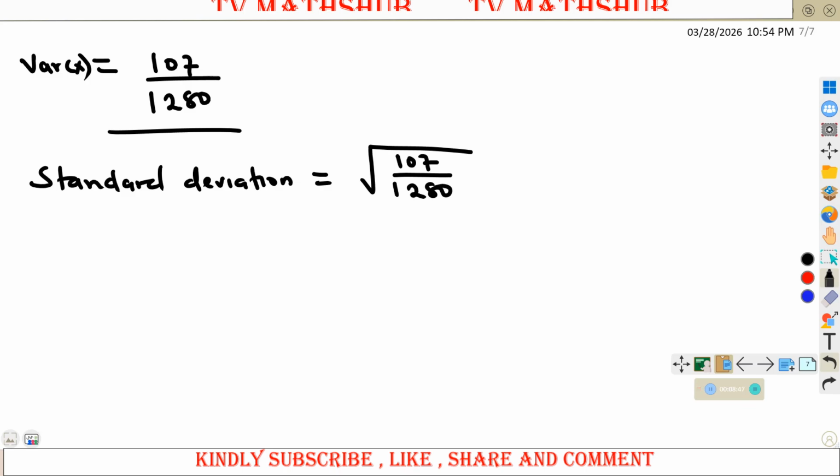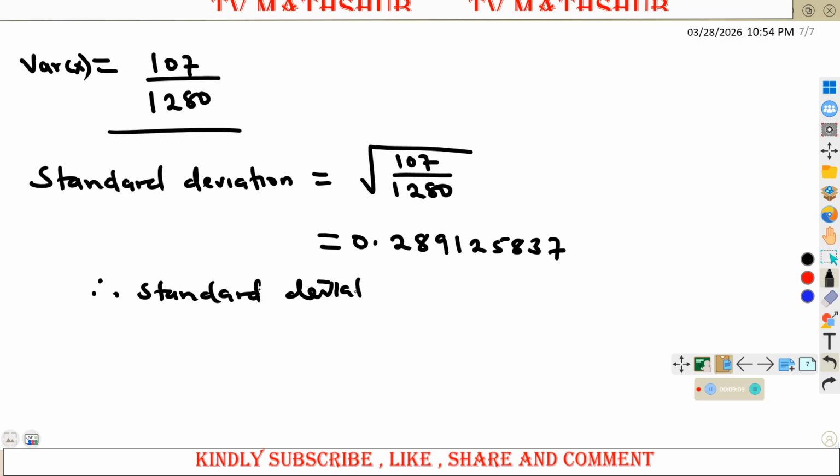So we get the square root of that answer, and that will give us 0.2891. Therefore, the standard deviation is 0.2891, to 4 decimal places.